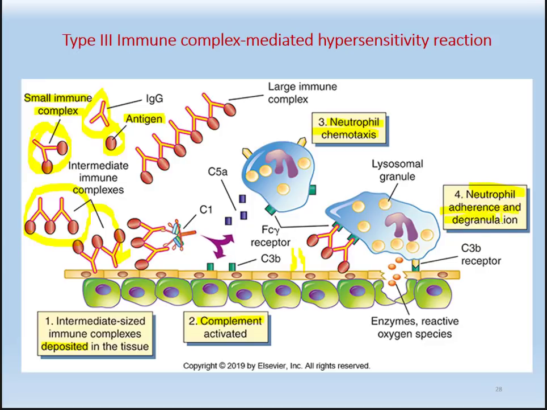They start to degranulate. We end up with lysosomes in the area, ultimately causing destruction and damage to that tissue. And lastly, an example of a type 3 immune complex mediated hypersensitivity reaction is lupus.